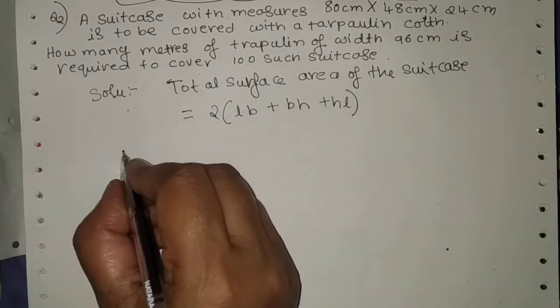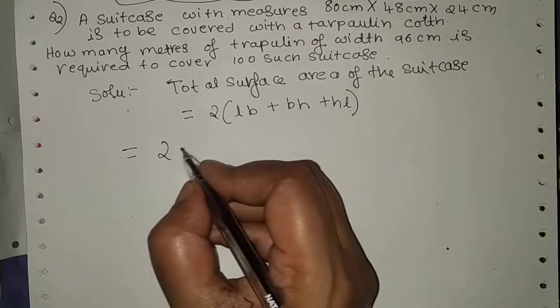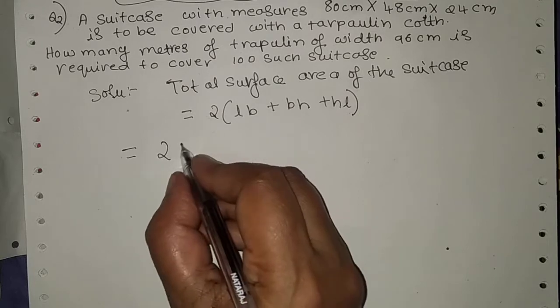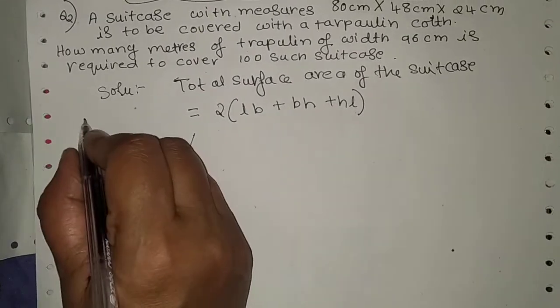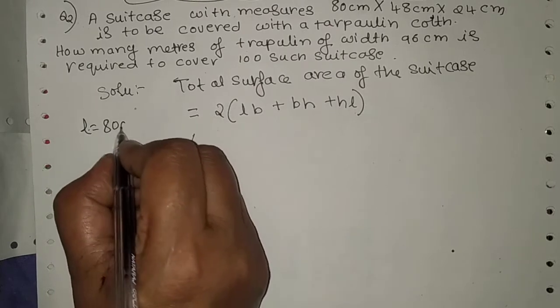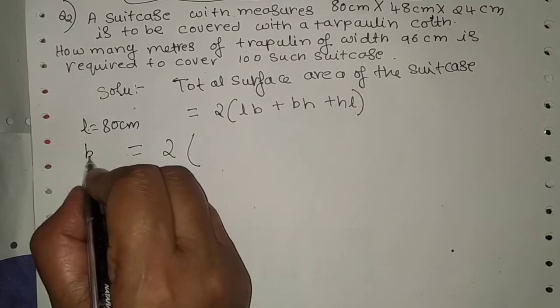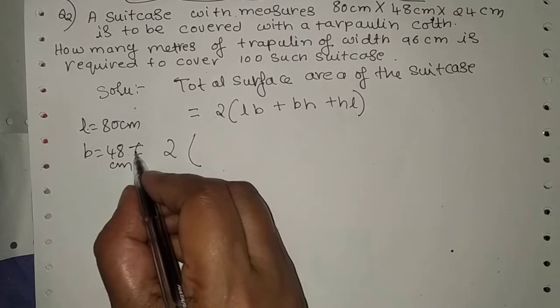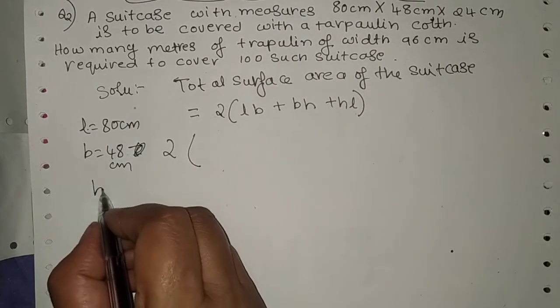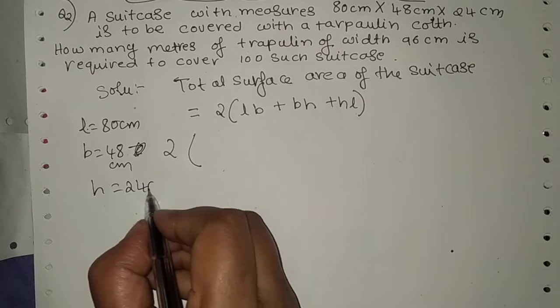This is the formula we have to use. We'll substitute the values given. What is the data given for the suitcase? Length is equal to 80 centimeters, breadth is equal to 48 centimeters and height is equal to 24 centimeters.